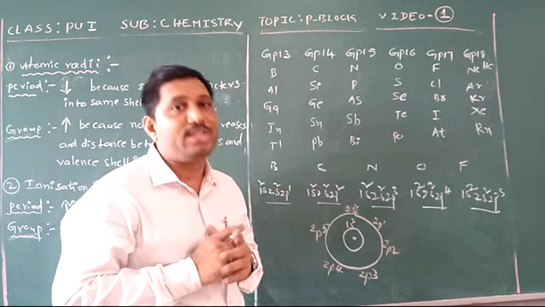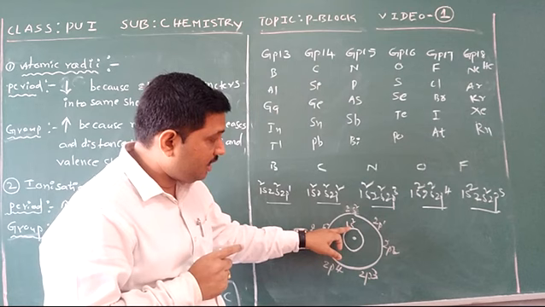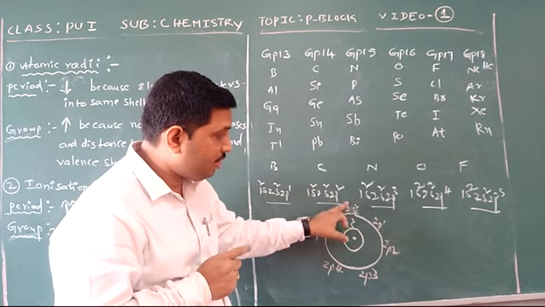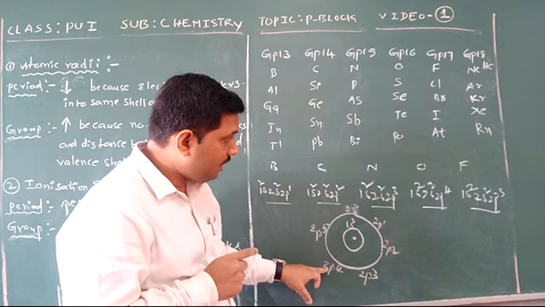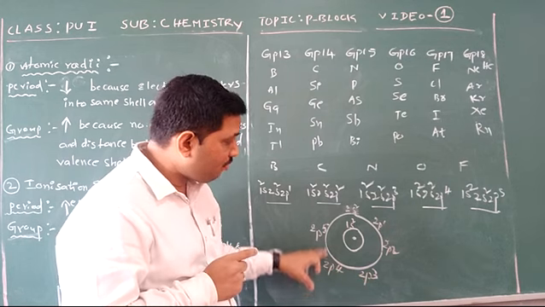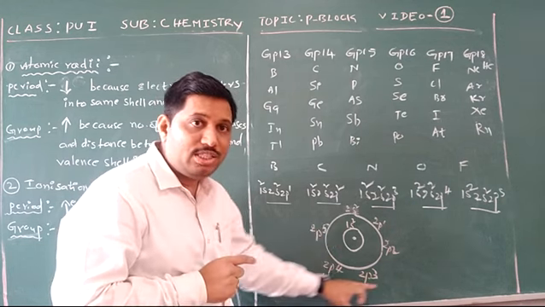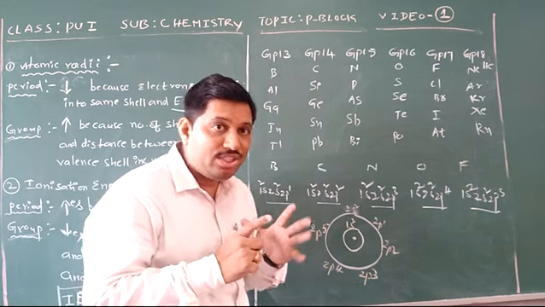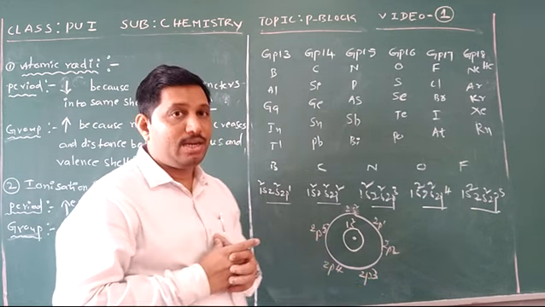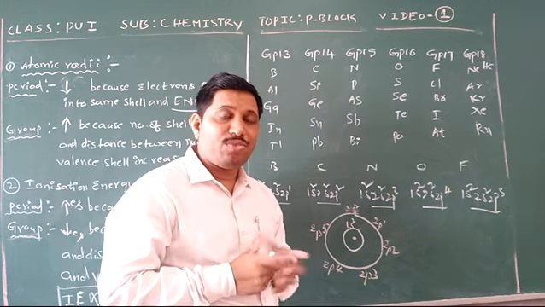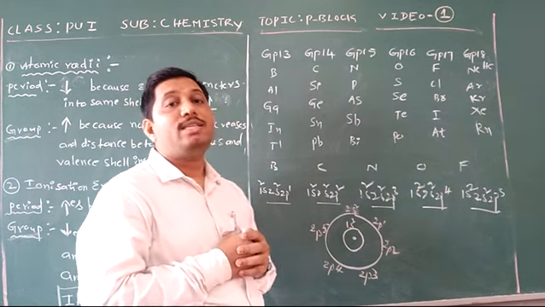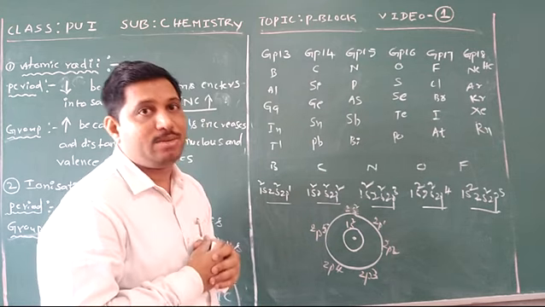The shell number does not change. In the case of boron, 1s2, 2s2, 2p1, carbon 2p2, nitrogen 2p3, oxygen 2p4, fluorine 2p5. Is there any change in shell number, student? The valency shell does not change. Across a period, as we go from boron to fluorine, the electron is entered into the same shell.